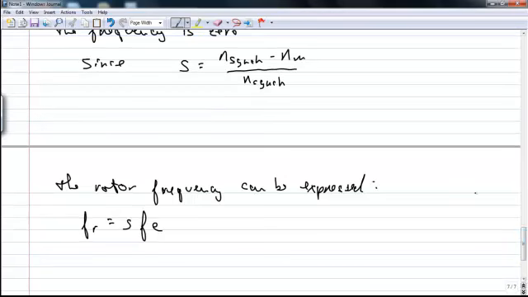So we see that as the mechanical speed gets higher, the frequency in the rotor is going to get smaller.